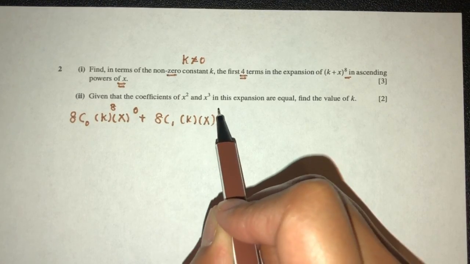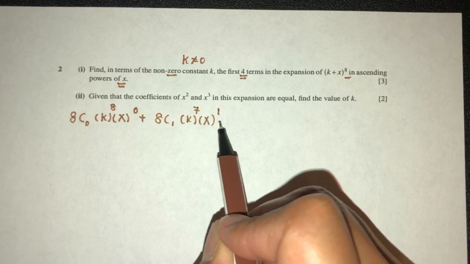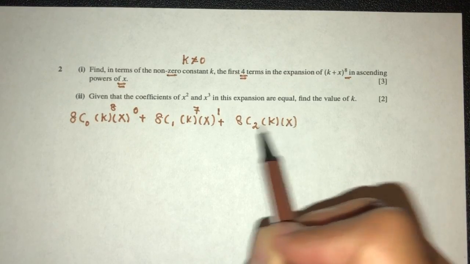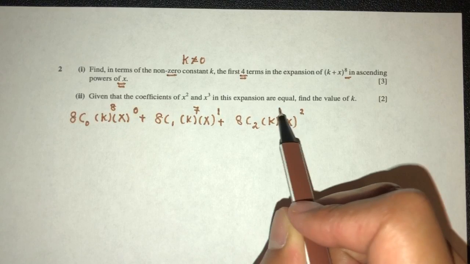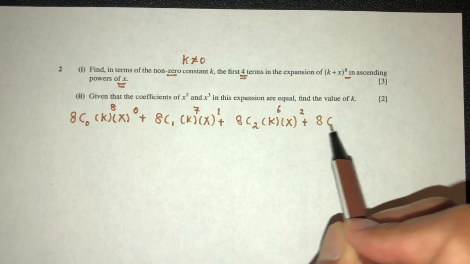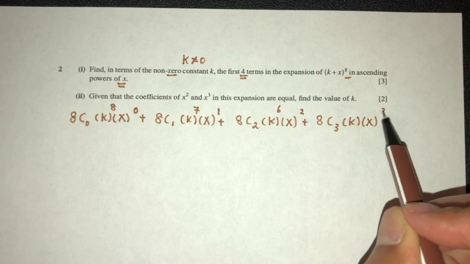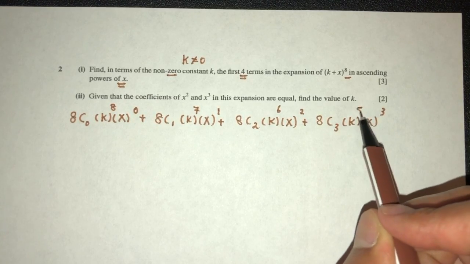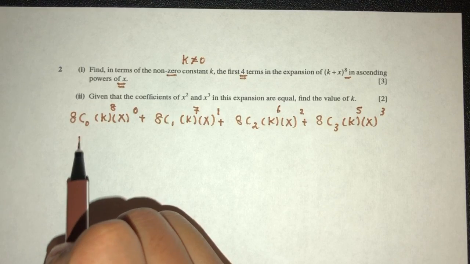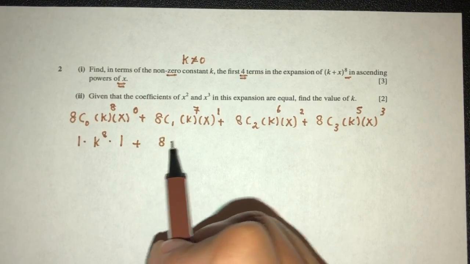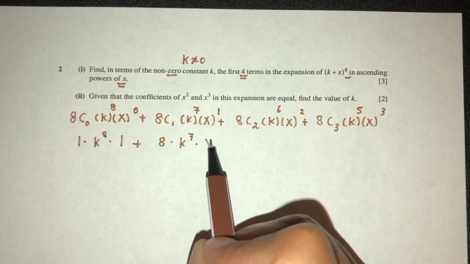Here we have 1, and 8 minus 1 will be 7. And then the third term, that should be 2 here, k here, and then x, that is 2, and 8 minus 2 will be 6. And finally, the fourth term, here we have 3, k and x, that should be 3 here, and 8 minus 3 should be 5. Simplify, this will be 1, k power 8, that should be 1. This will be 8, k power 7, that should be x.